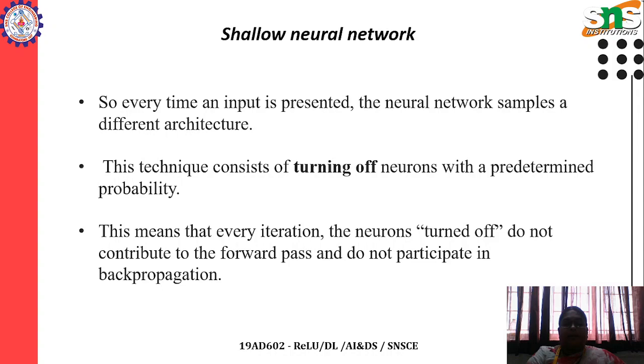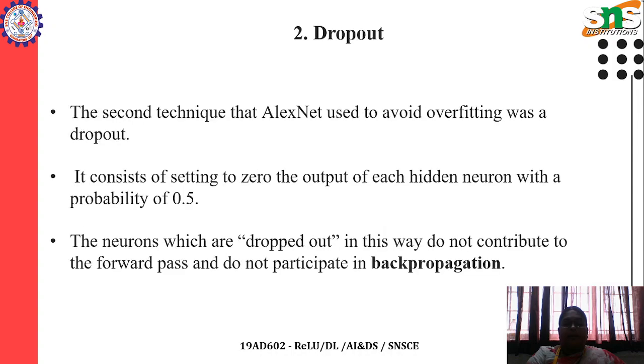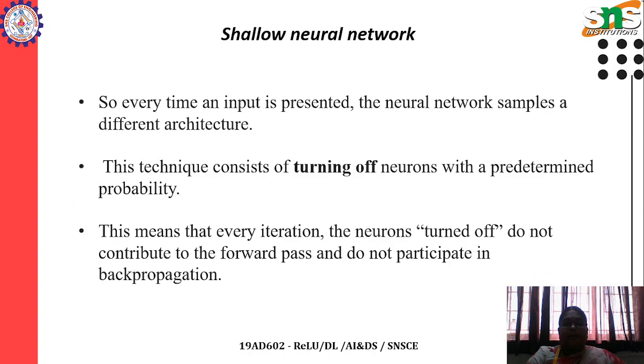Here we have the output of each hidden neuron with a probability of 0.5. This means that in every iteration, those neurons will be turned off. They do not contribute to passing data forward, and do not participate in back propagation, so they will be dropped out.